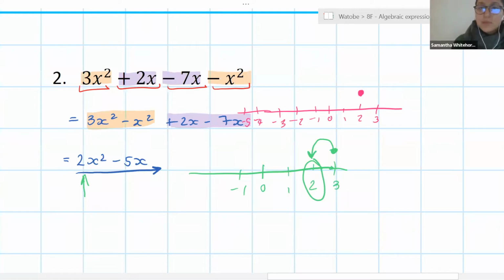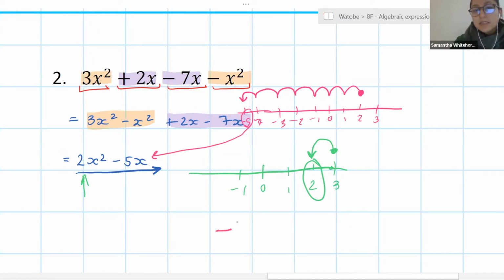I am now subtracting 7. 1, 2, 3, 4, 5, 6, 7. So I'm sitting at minus 5, and that's where I'm getting minus 5x.